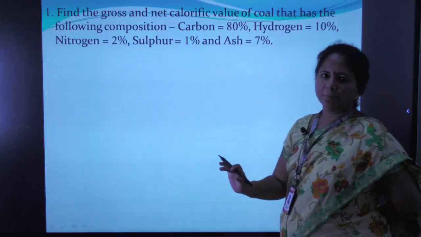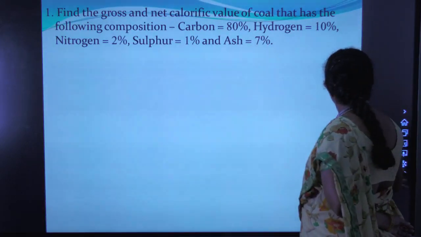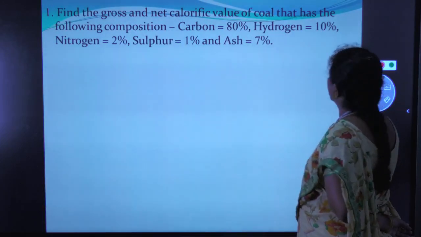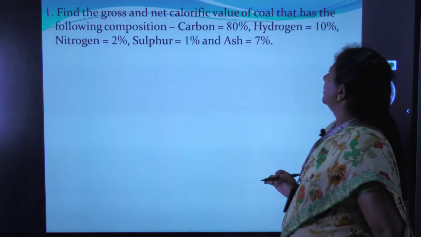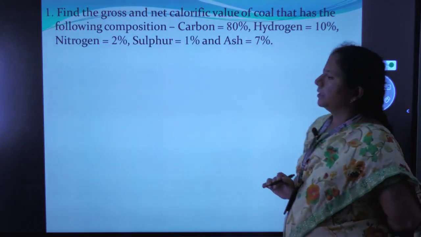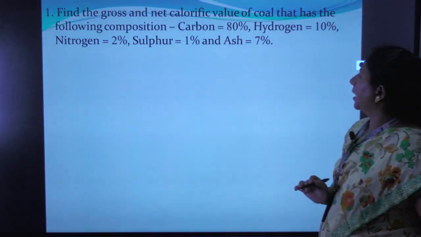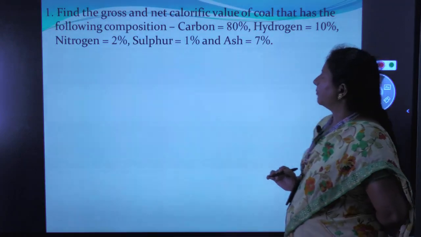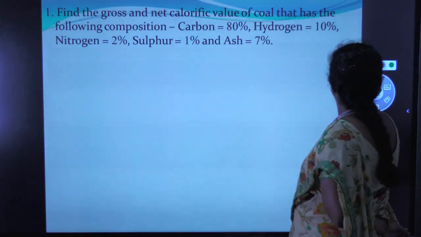Now we will practice a problem on calorific value. Find the gross and net calorific value of fuel that has the composition carbon 80%, hydrogen 10%, nitrogen 2%, sulfur 1% and ash 7%.